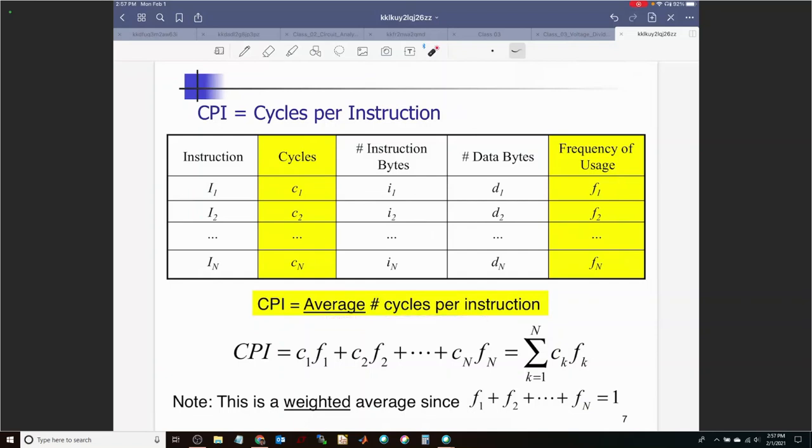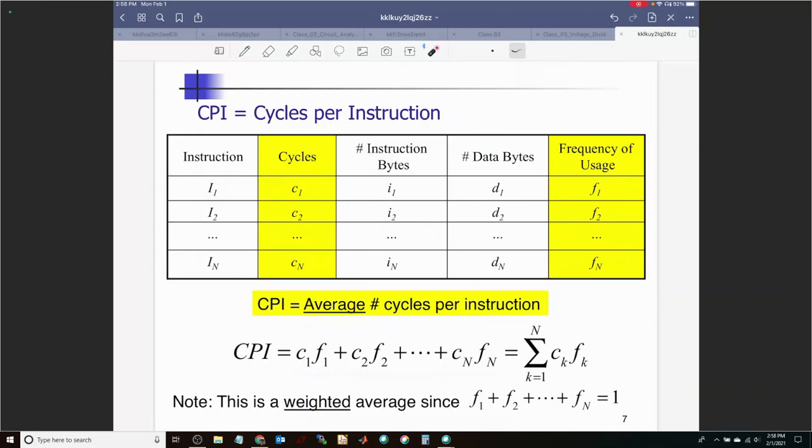So if your instruction set has all these instructions, I1 through In, that are requiring all these cycles, C1 through Cn, then the average would be simply the weighted average of all the clock cycles per instruction.